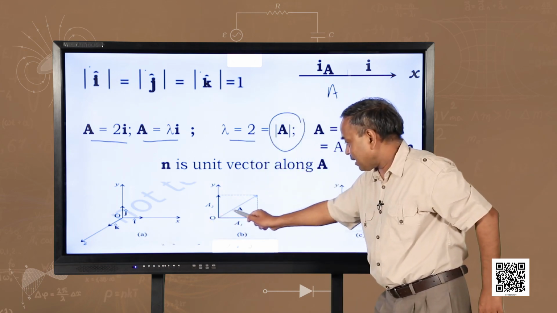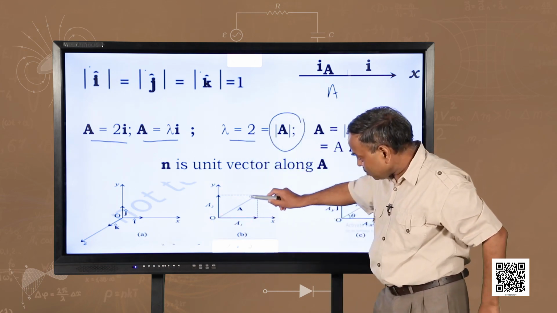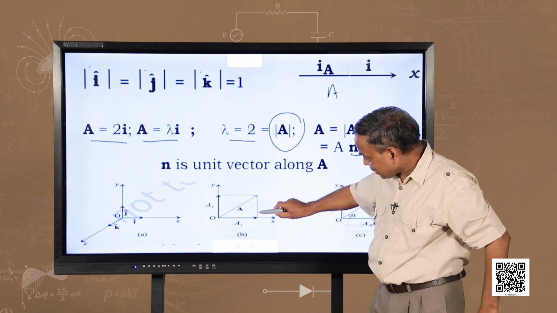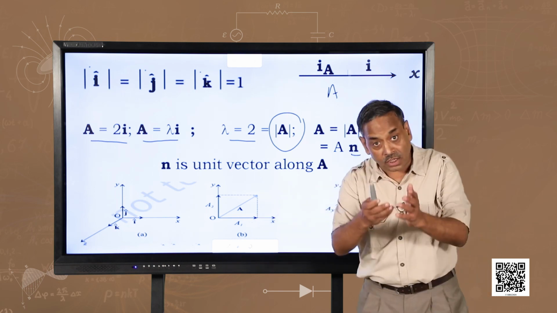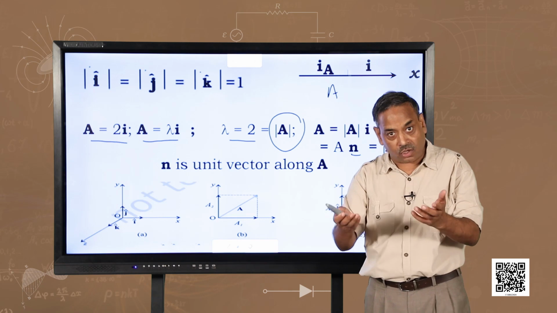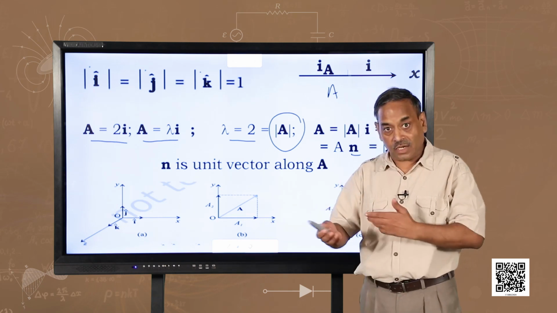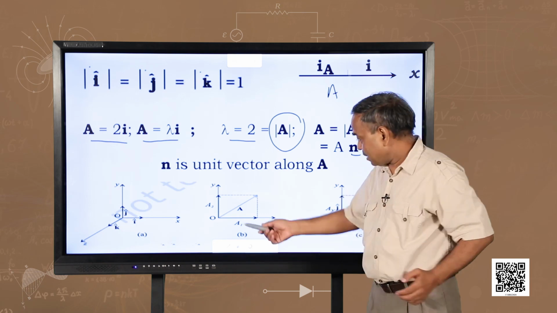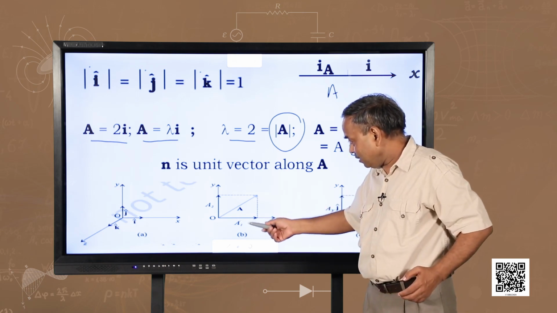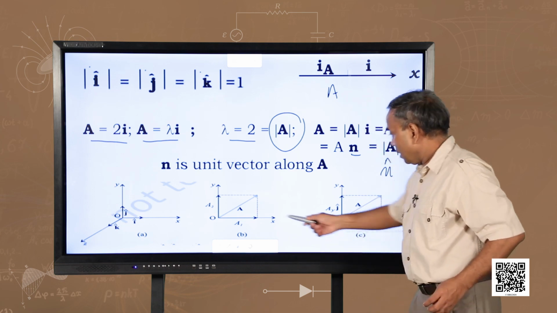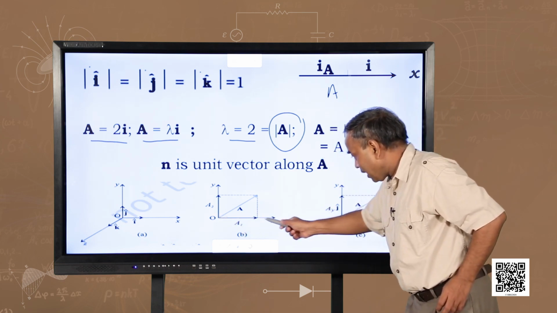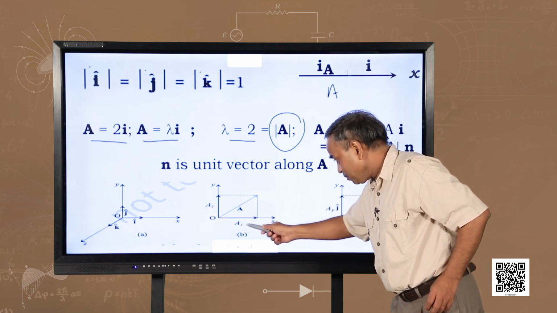If I have a vector a here, with its resolution a 1, a 2, as in the Cartesian coordinate system where you give the coordinates of any point x y, similarly I can write a 1 and a 2 here.